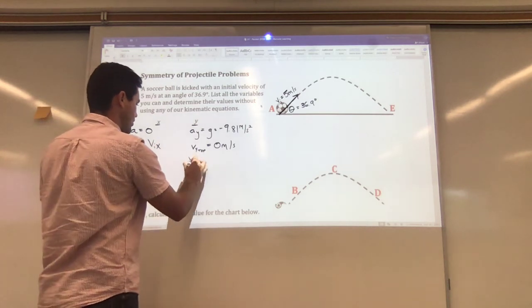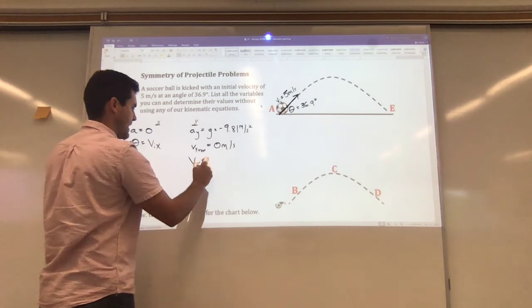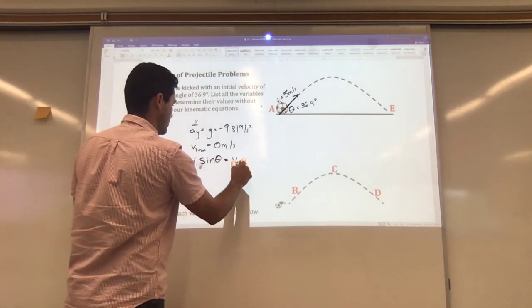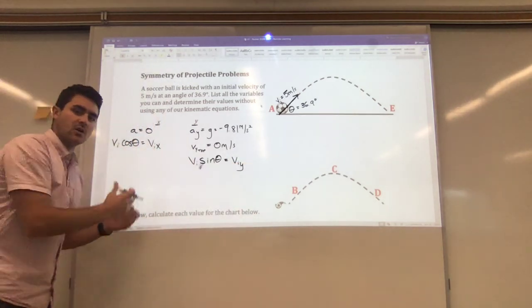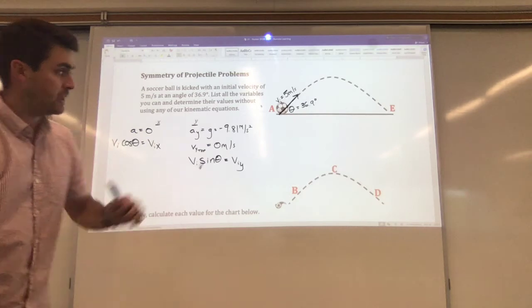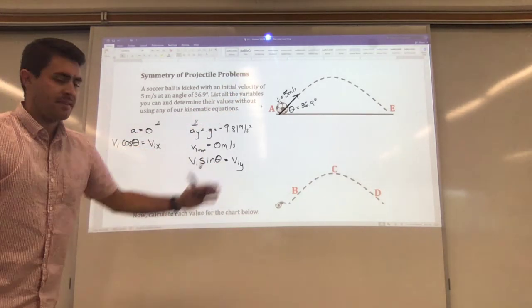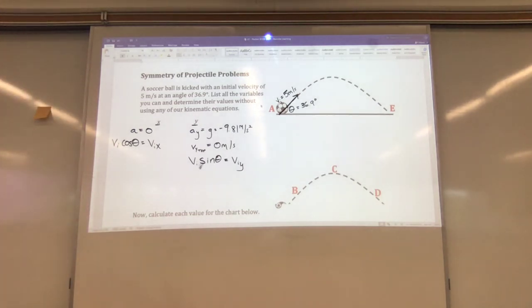And we said that the initial velocity times sine theta equals the initial velocity in the y direction. I can go ahead and solve for these. Let's do it. You calculate using our numbers here what the initial velocity in the x direction and the initial velocity in the y direction are at home, and I'll do it here as well.